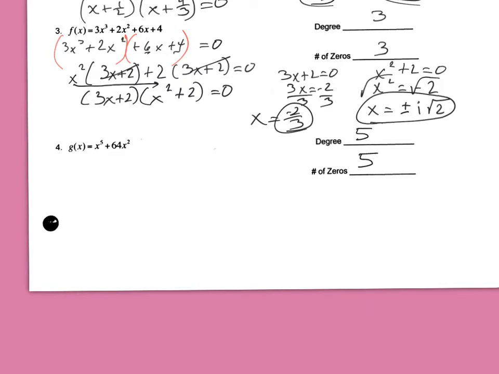So set this equal to 0, x to the 5th plus 64x squared. Sort of think about what we're doing here. They have an x squared in common. And that x to the 3rd plus 64, that's the sum of 2 cubes. So x squared stays here. And then we take the cube root, or what times itself 3 times gives you x to the 3rd.